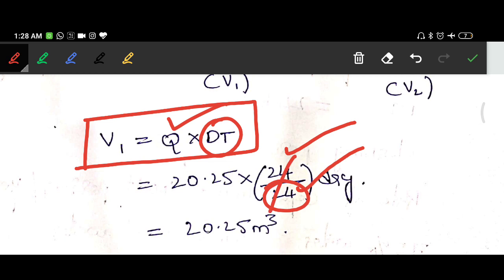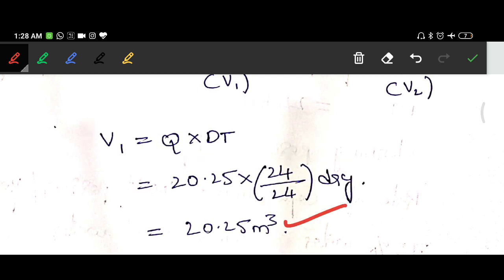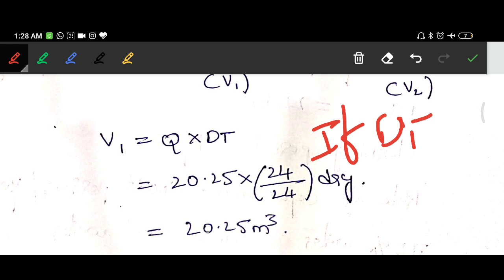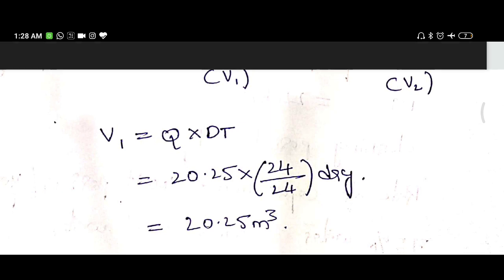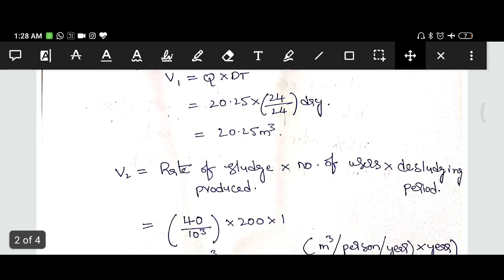So it gets cancelled and we get 20.25 meter cube. If the detention time is given as 12 hours, you just put 12 here upon 24 hours in a day. So we divide by 24 to convert into meter cube per day. Hope you understand. We'll see the next step, V2.